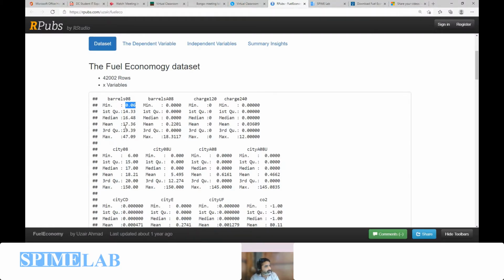At the same time, you will look at the mean value. If it falls in the middle of min and max, then you can roughly estimate that this variable has a normal distribution. You can confirm that normality by looking at the first and third quartile as well.